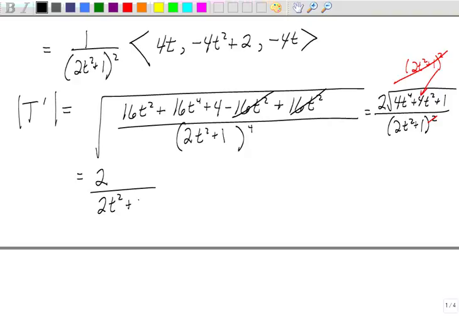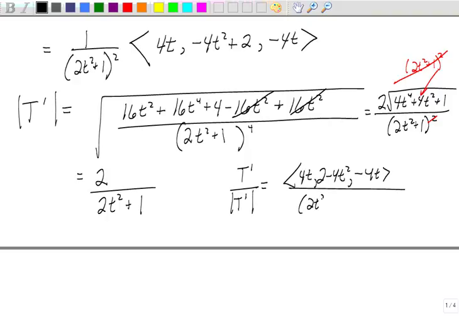2t squared plus 1. So T prime over the magnitude of T prime is going to be 4t, 2 minus 4t squared, negative 4t, all over 2t squared plus 1 squared, times the reciprocal of that.